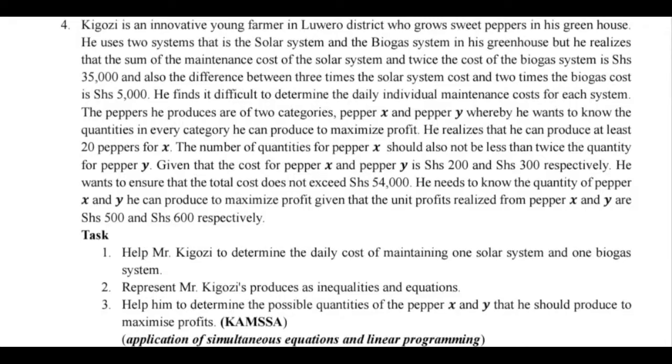Meaning that if I come to my expression here, this time around we are going to look for the value of x. So we are going to say when our y is negative 2, you multiply this one by negative 2. Our x will be negative 4. Then I also put it here as negative 4.